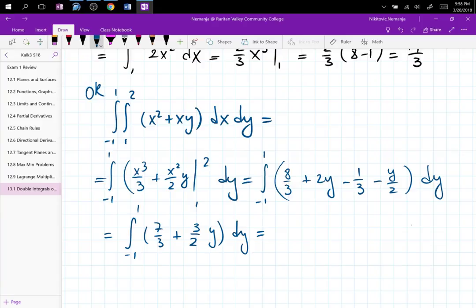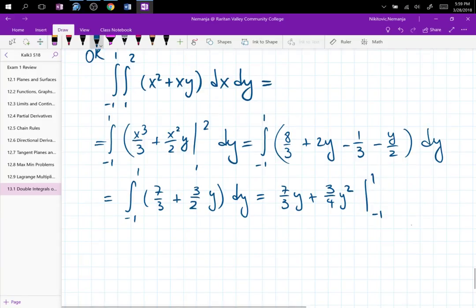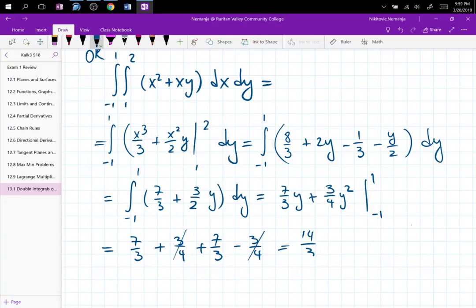When I integrate this dy, I'm going to get 7/3 y plus 3/4 y squared, all of that computed from negative 1 to 1. When I plug in 1, I get 7/3. When I plug in 1, I get plus 3/4. When I plug in negative 1 and the negative from the formula, I get plus 7/3. And the negative dies, but the other one survives, so 3/4. The 3/4 drop, and there's your 14/3.